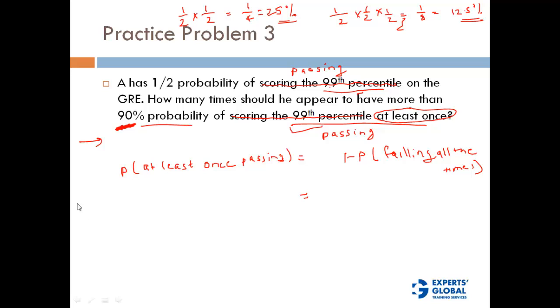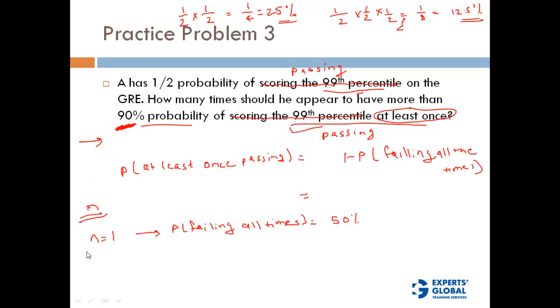So let's say we're talking about a number n and he has taken the GRE n number of times. Okay, if n is equal to 1, and probability of failing all the times, that means one number of times, is going to be 50%, correct?